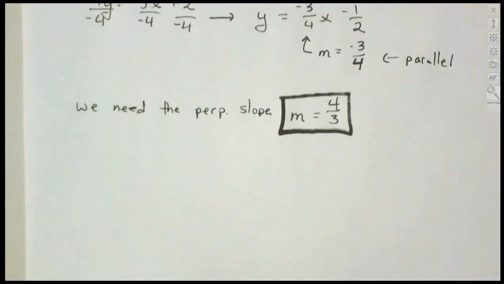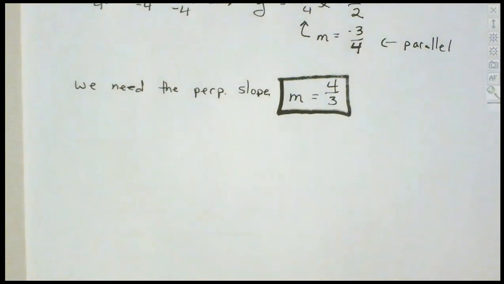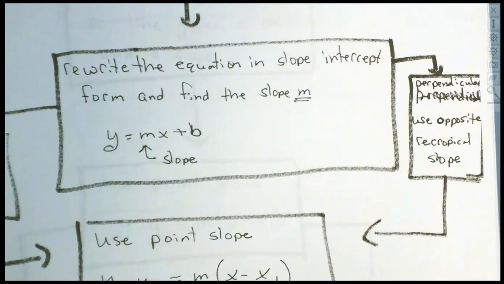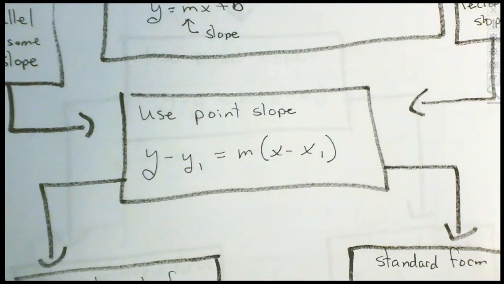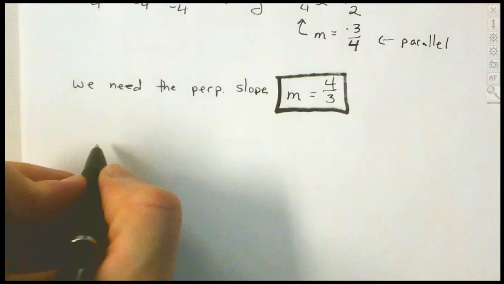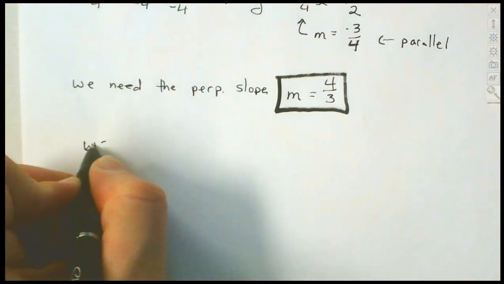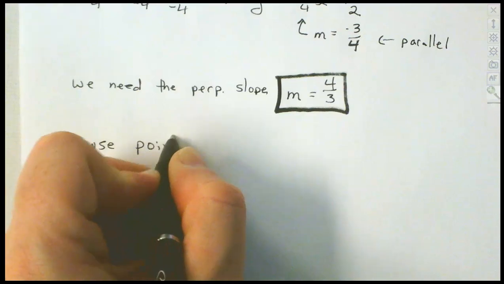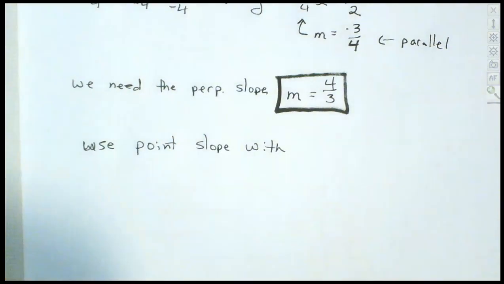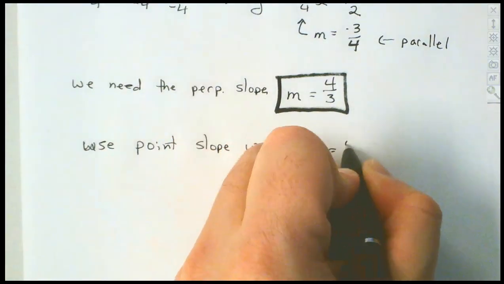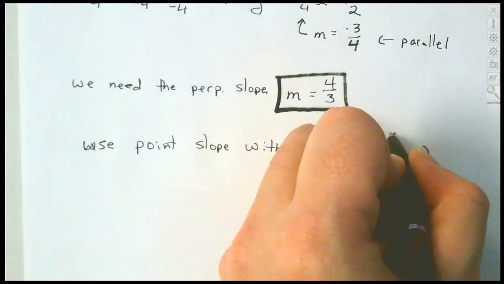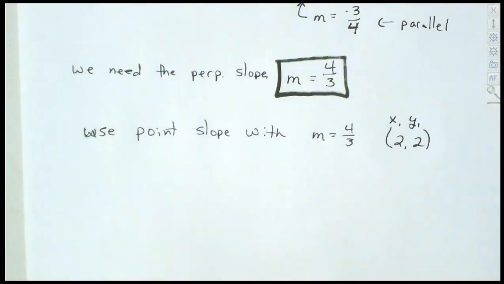So now we've got half of it done. Again, go back to that flow chart if you need to. We went down the perpendicular side, which says use opposite reciprocal slope. And where do we land? We land in the point slope formula. So now we're going to use the point slope formula with m equals 4/3 and also that point 2, 2, which is x1 and y1.